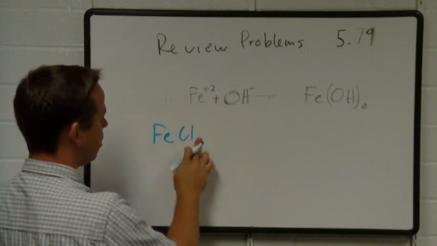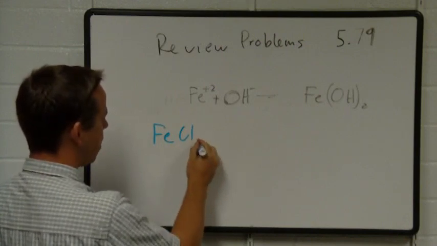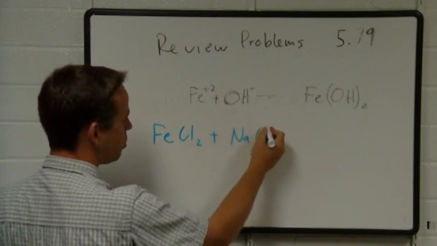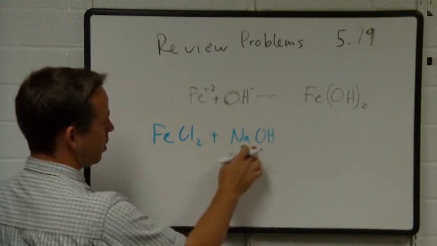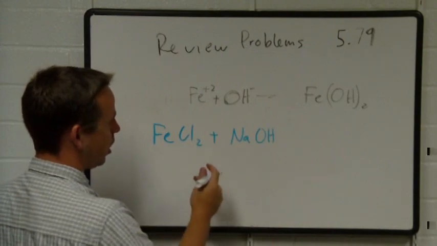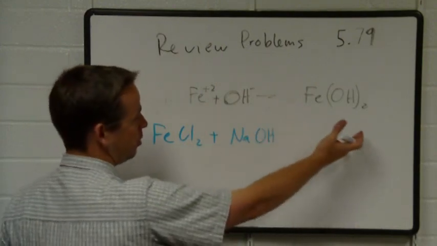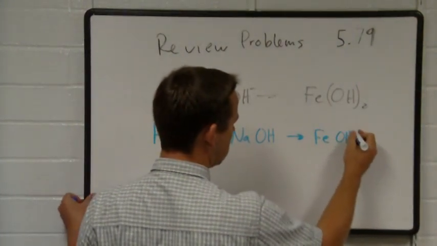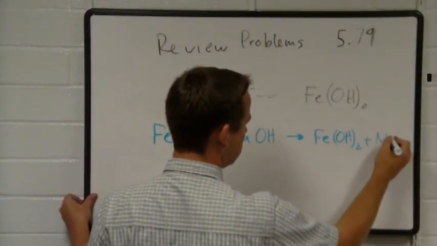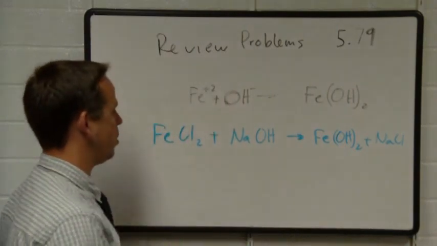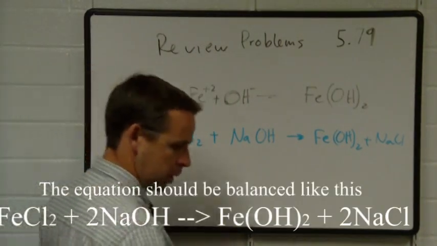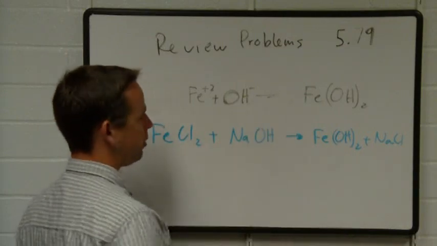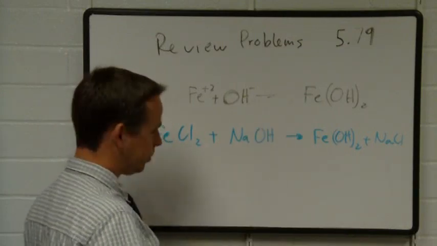FeCl3 or FeCl2. So we have iron chloride plus sodium hydroxide maybe, right? Because sodium and chloride are not going to form any insoluble compound over here. So the result would be iron hydroxide and sodium chloride, right? That's okay, that works fine. So that's a molecular equation that would give the net ionic equation of that one.